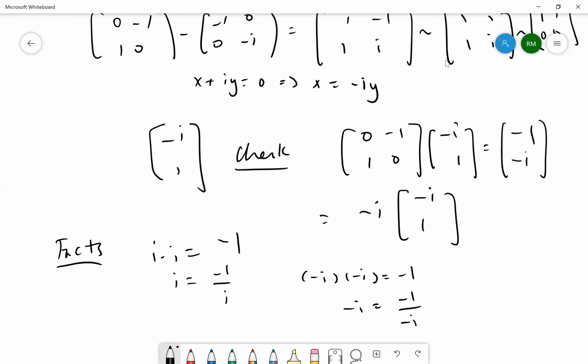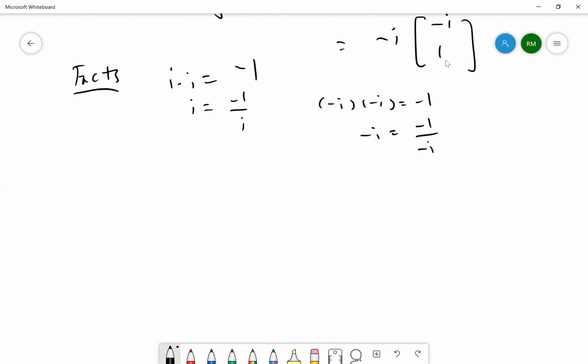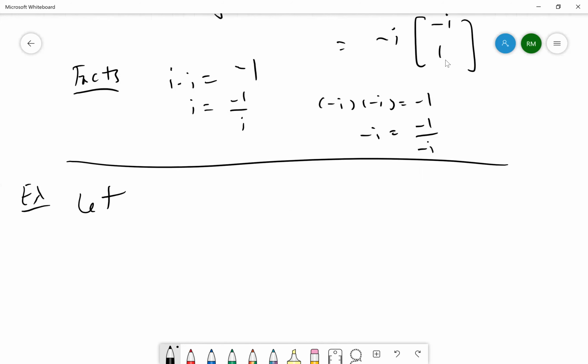but they're complex. So let's say we want to ignore complex numbers for a few minutes and see what happens. So we're going to have an example where we let A equal the matrix 0.5, negative 0.6, 0.75, and 1.1.